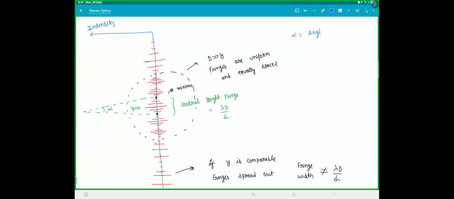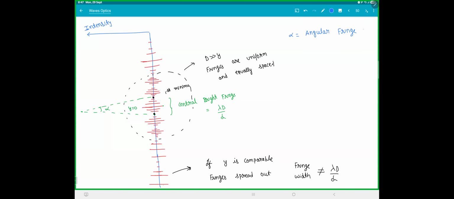Basically, it's the angle subtended by the central fringe width at the center, which is nothing but lambda d by small d by capital D. Since the fringes are small, you can approximately treat them like an arc. Clear with this?